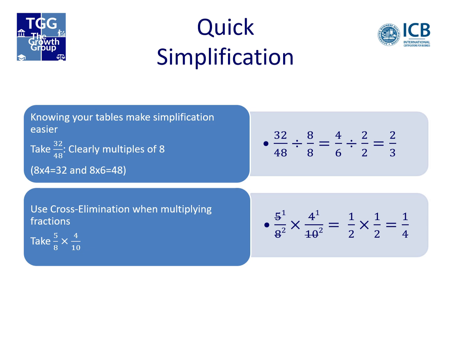So on the one side we have a half, 1 over 2, and on the other side we also have 1 over 2, so we can say 1/2 multiplied by 1/2 is a quarter. How did I get that? 1 times 1 is 1, and 2 times 2 is 4.